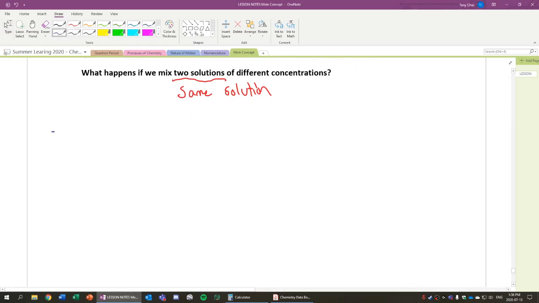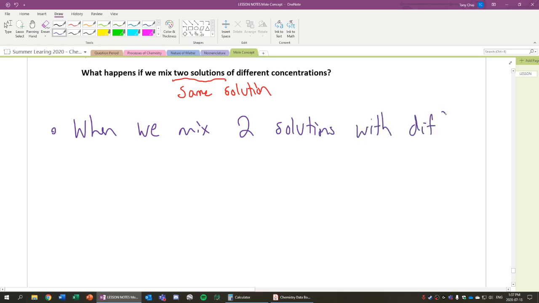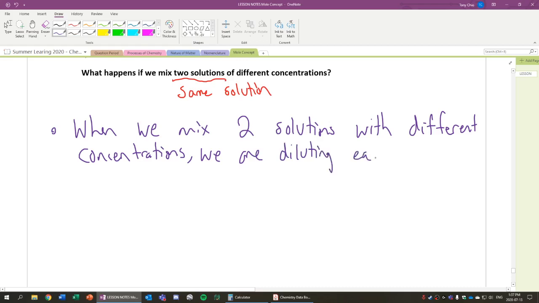Well, what's going on is when we mix 2 solutions with different concentrations, we are diluting each solution individually.